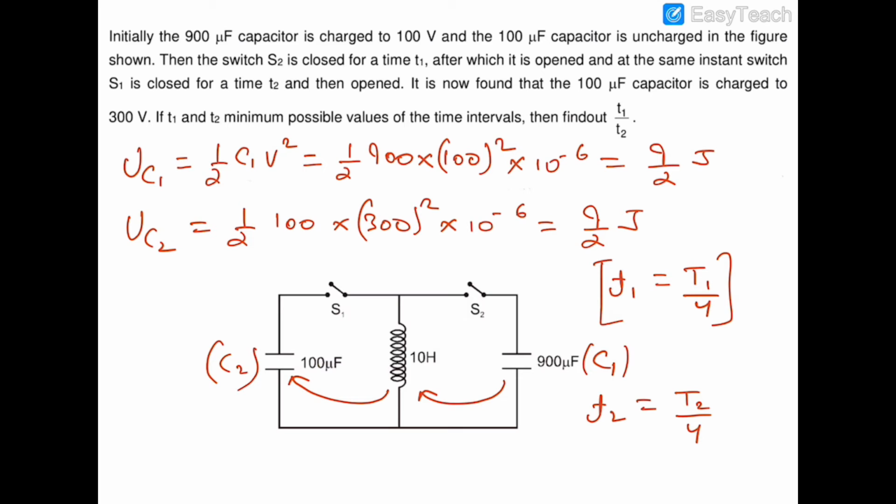Okay, so we have to find out small t1 upon small t2. So small t1 upon small t2 will be equal to capital T1 upon capital T2, and capital T1 will be equal to the time period we know. I'm writing it on the next page.